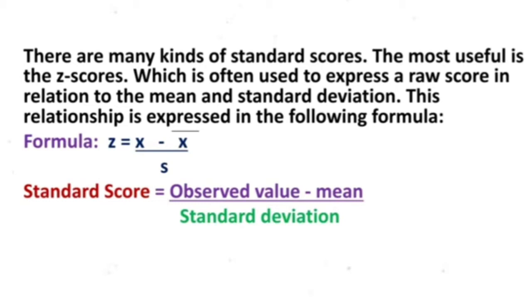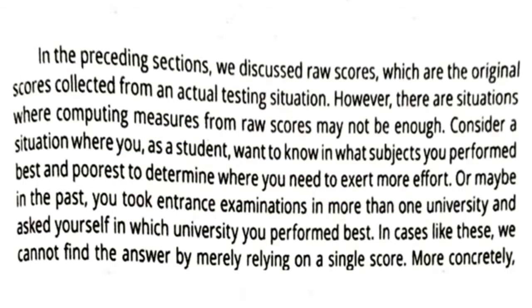In the preceding sections, we discussed raw scores, which are the original scores collected from an actual testing situation. However, there are situations where computing measures from raw scores may not be enough.